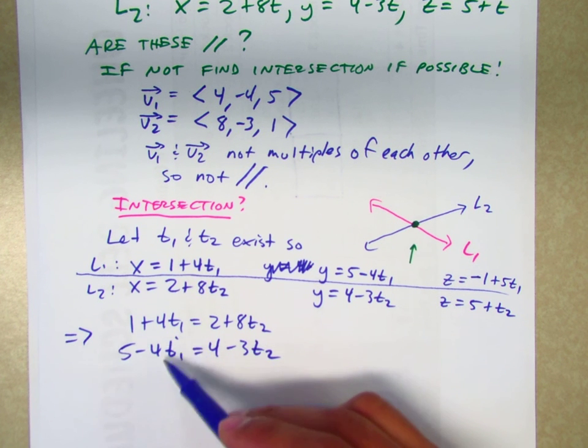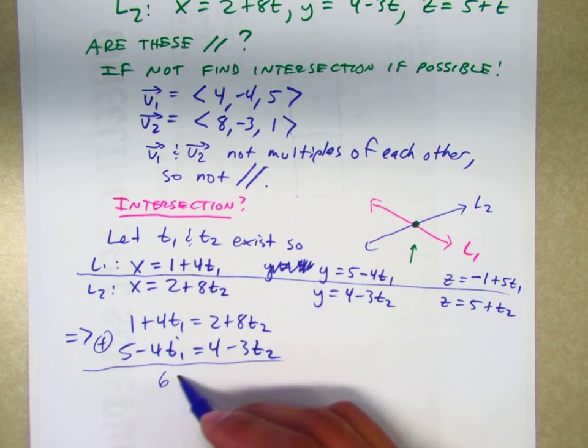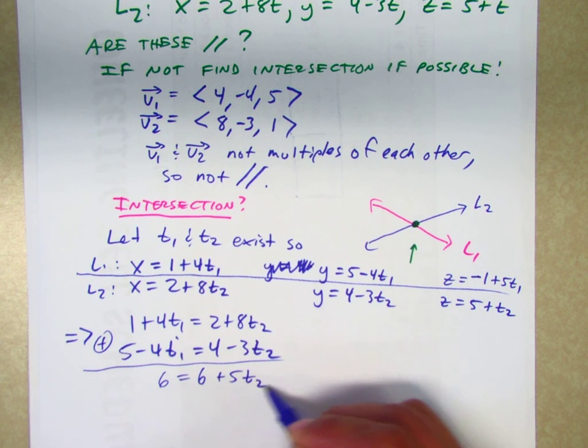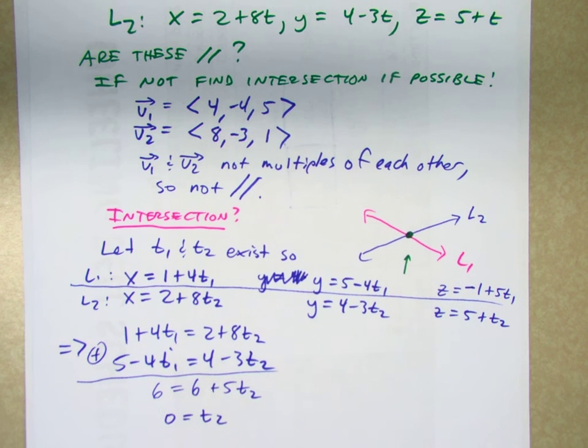I can just add these right away and I get the T1s to eliminate, right? So if I add the equations together, we get 6 equals 6 plus 5T2. So that implies that T2 has to be 0.